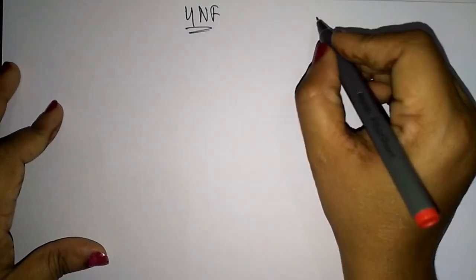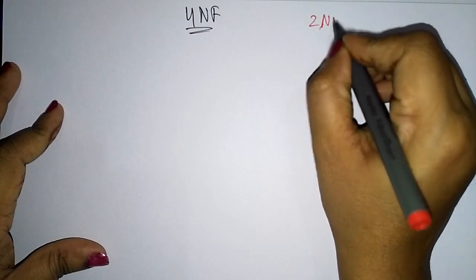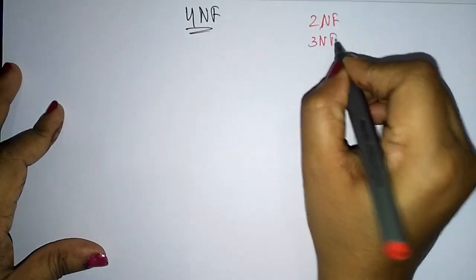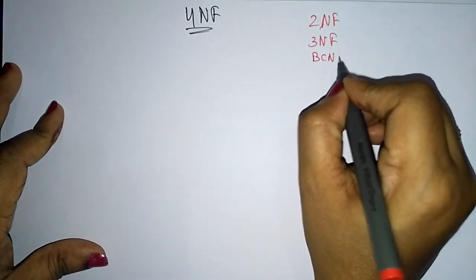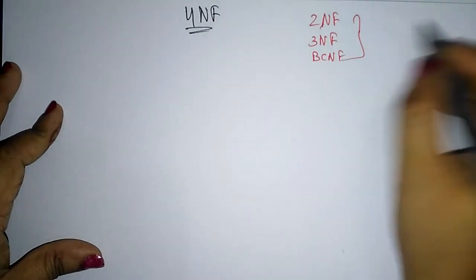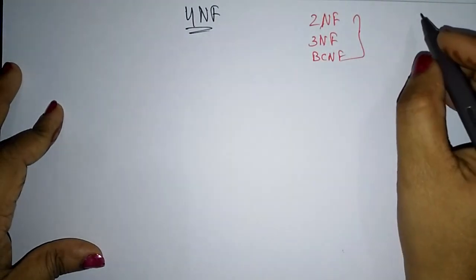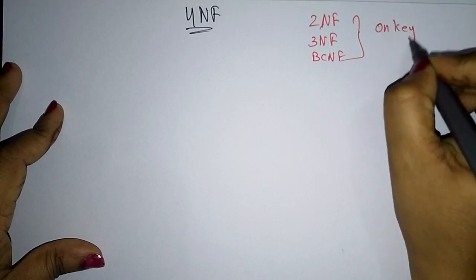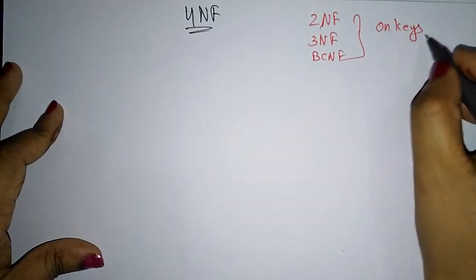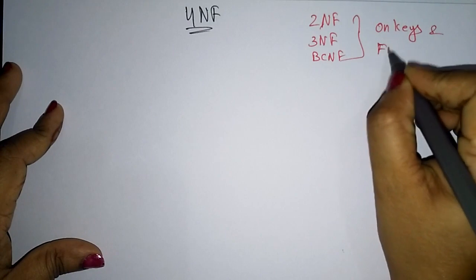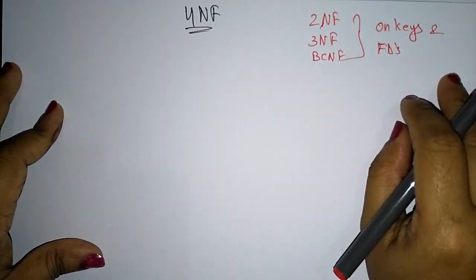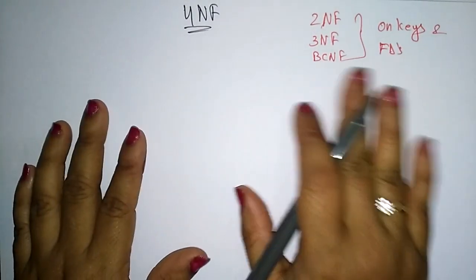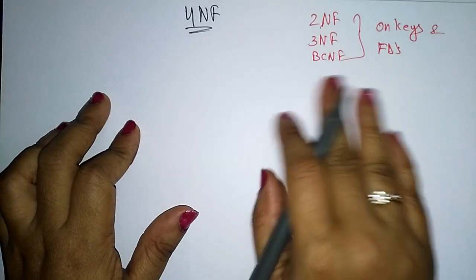The main thing you have to note is that 2NF, 3NF and BCNF, these three normalization forms, are based on the keys and functional dependencies of a relational schema.